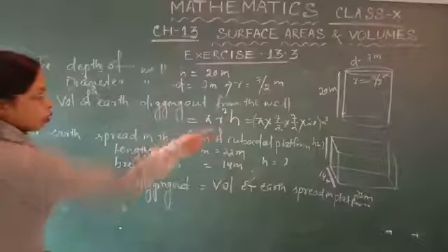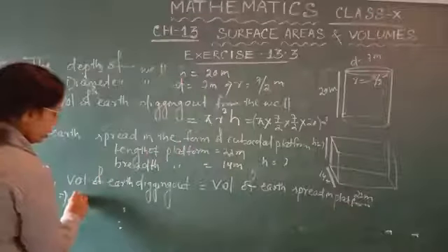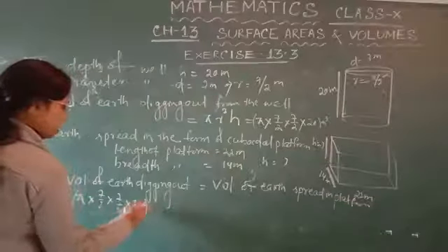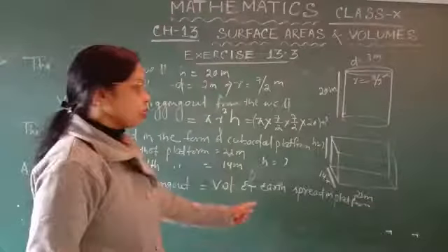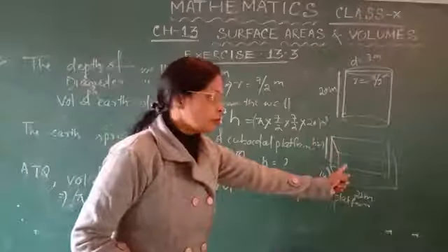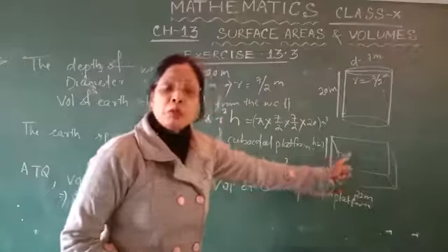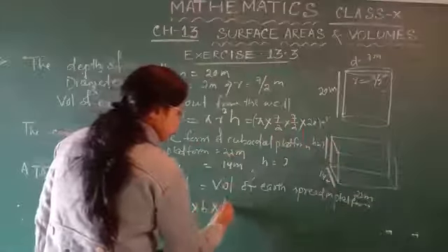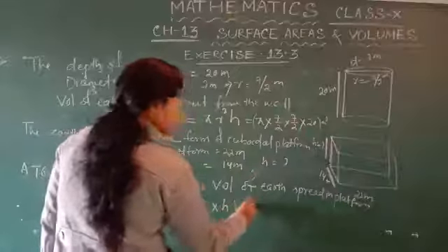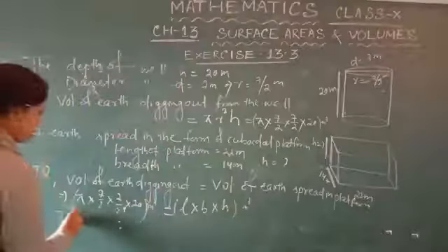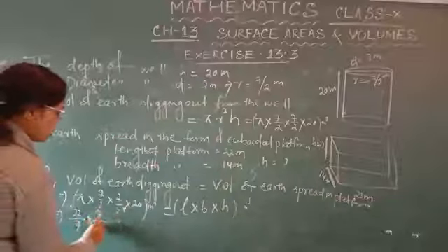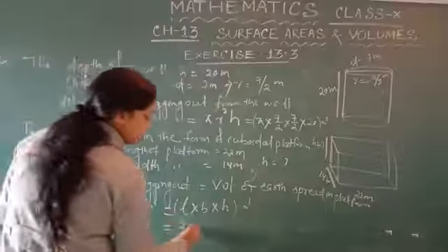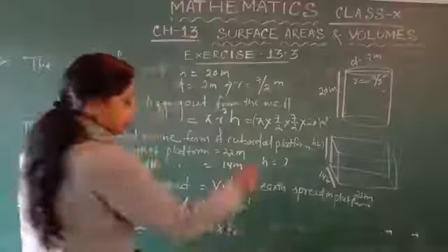So this implies pi into 7 upon 2 into 7 upon 2 into 20 meter cube is equal to the volume of the earth spread in the platform. The platform is in the shape of a cuboid. So what is the volume of a cuboid? Length into breadth into height, meter cube. So this implies pi is equal to 22 upon 7 into 7 upon 2 into 7 upon 2 into 20. Here length is 22, breadth is 14 into height.